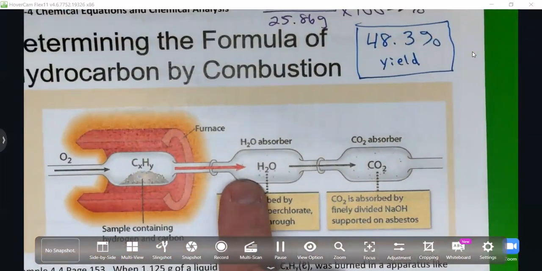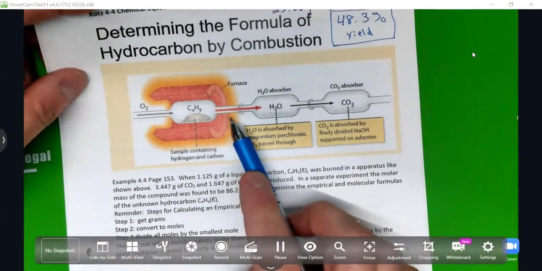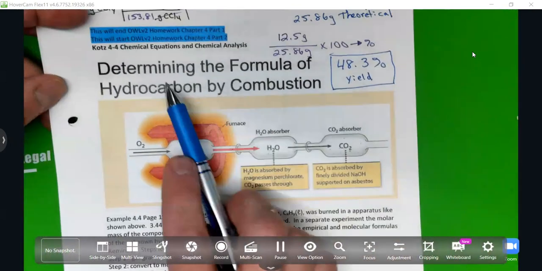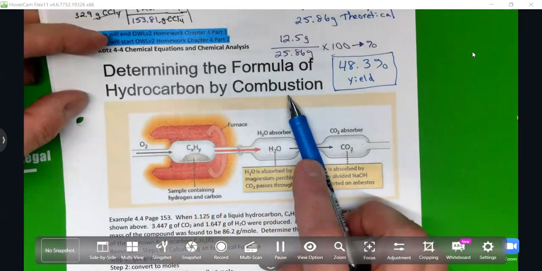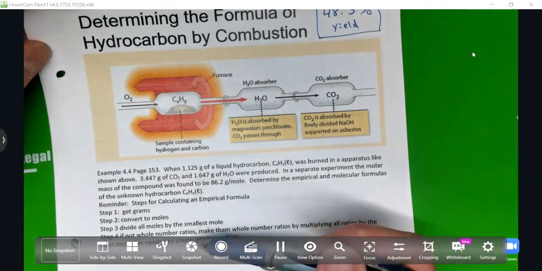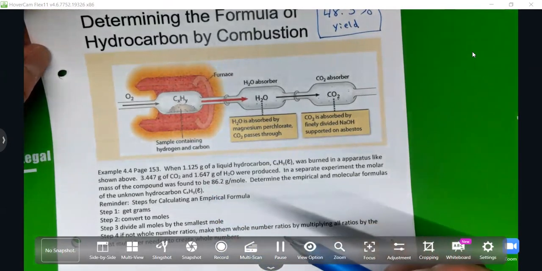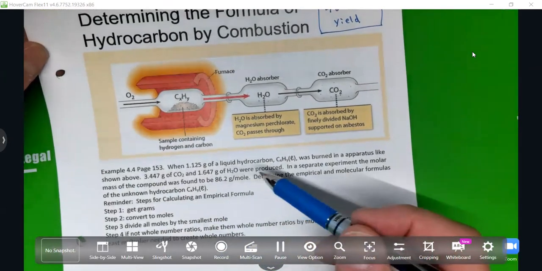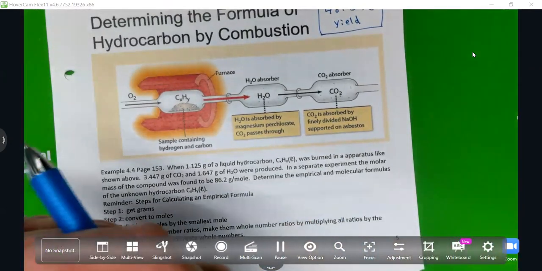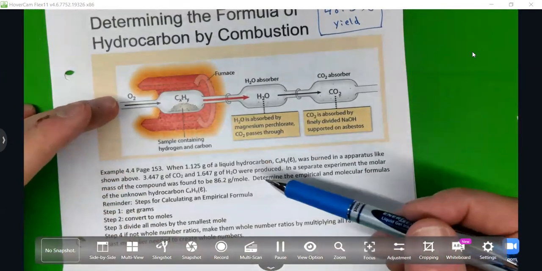Now, I do not do these combustion problems here, or these analyses, determining the formula of a hydrocarbon by combustion, the way the book does them. I do it strictly the way we've done it before by empirical formula. I come back to what we did before.